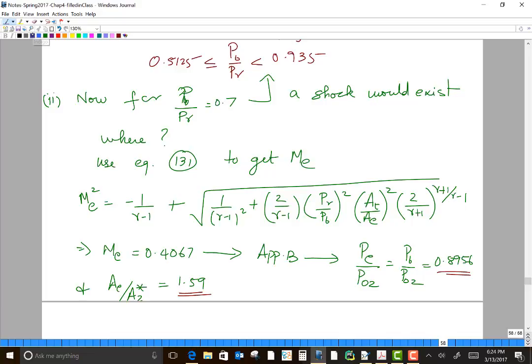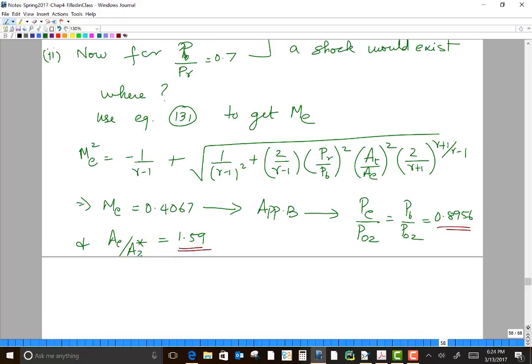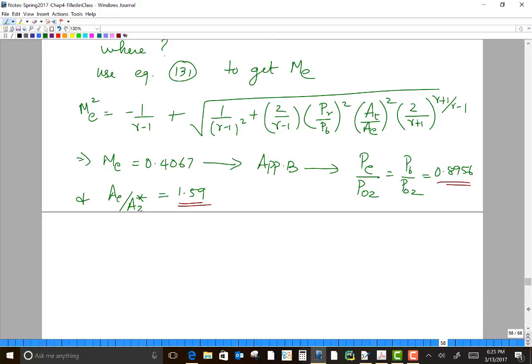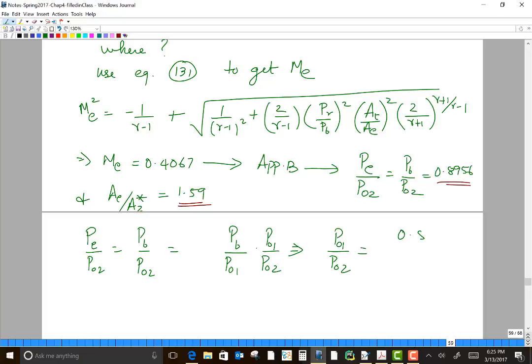Okay, so now PE by P02 equals PB by P02 equals PB by P01 times P01 by P02, which implies that P01 by P02 is 0.8956 divided by PB by P01.